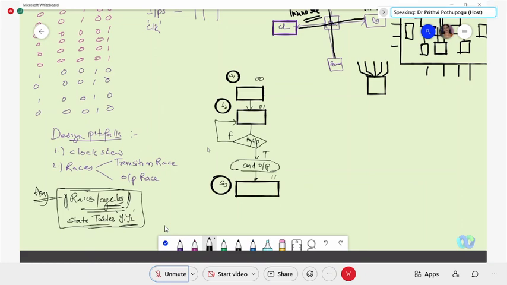If the input is changing in such a way that there is sufficient time given for the system to evaluate a new, stable output, then your system is fault free.